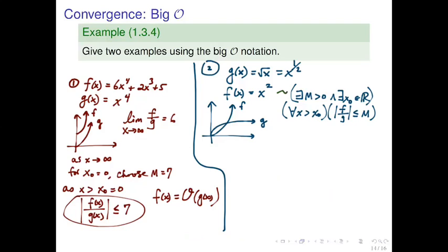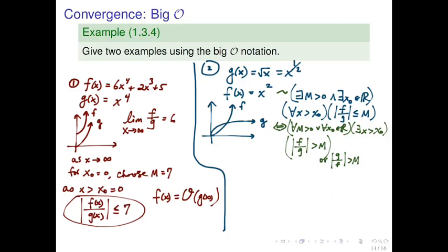So if you actually want to disprove this definition, you work with the negation of the statement. If you negate this entire statement, we get its equivalent, which is: for all m greater than 0 and for all x sub 0 real numbers, there exists an x greater than any choice of x sub 0, such that f over g is greater than m, or, because the choice between f and g can sometimes be swapped, we can have the reverse, which is g over f greater than m.